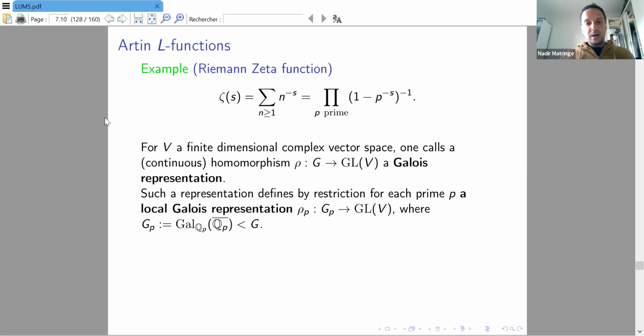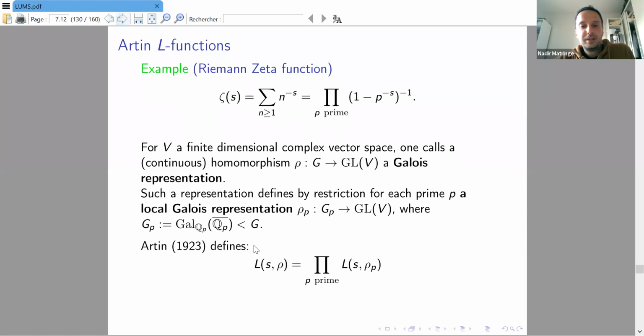So now I will not give the full definition of Artin L functions because I would need to introduce some structure theory of G_p, ramification theory, etc. This I don't want to do, but I can give a rough description. So the definition of Artin of the L function attached to rho: it depends on rho, and it depends again on a complex parameter s.